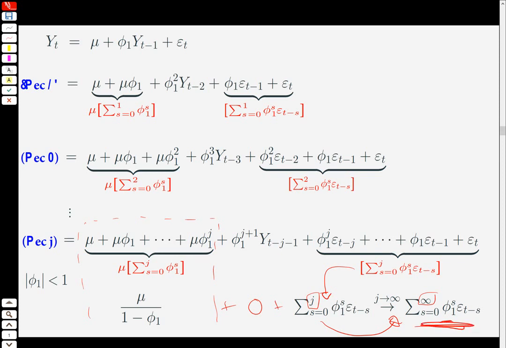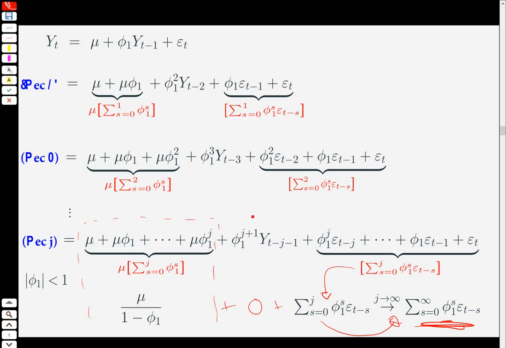And the same thing for the second term. Again, assuming that phi1 is less than 1 in absolute value, this term will tend to naught exponentially quickly. Take the case, for example, of 0.5 to the power j. As j goes off to infinity, this tends towards naught extremely quickly. If you draw it in a graph, it's going to go down to naught extremely fast.